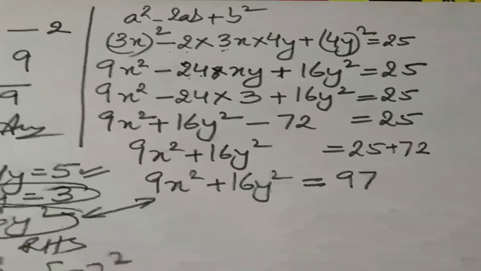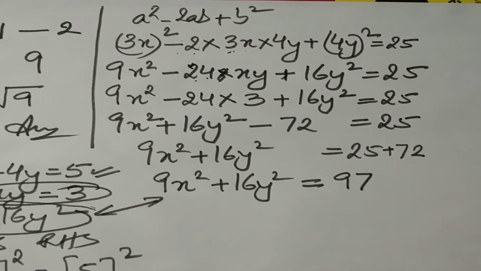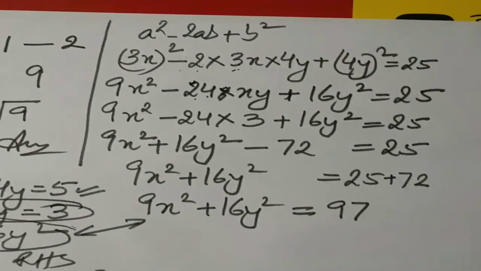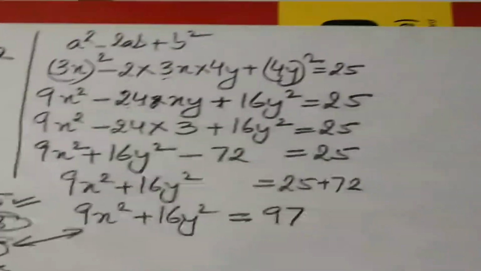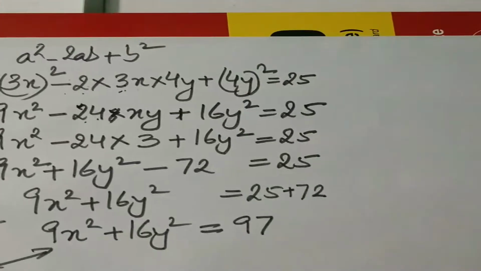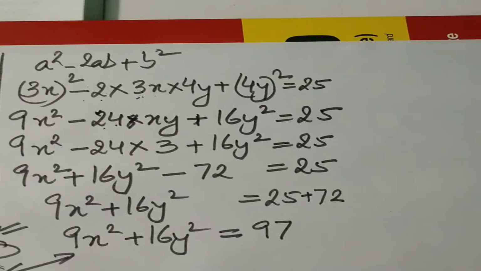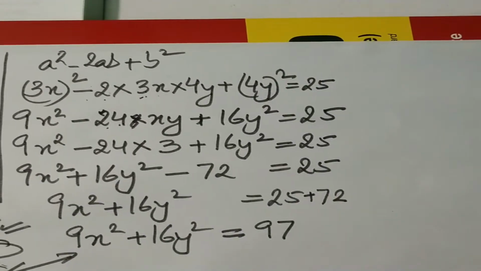Now this is question number 5 ends here, and question number 6 in your book is different. It is written express as a whole square and then find the value of this. So this question is different. Question number 6.